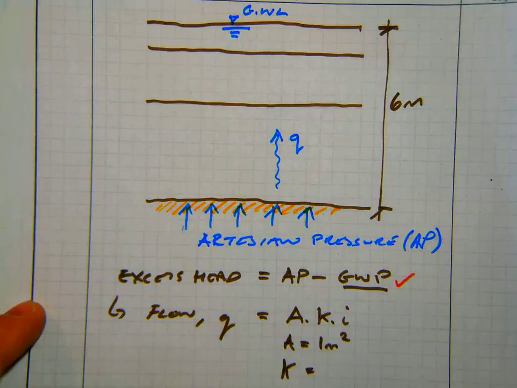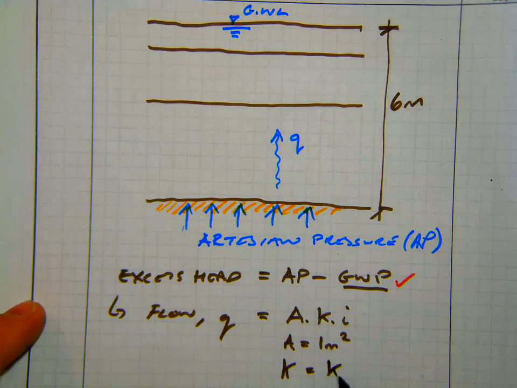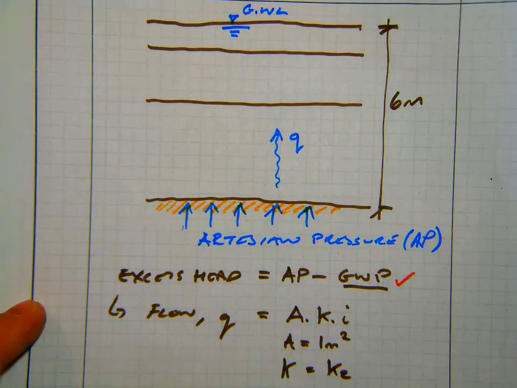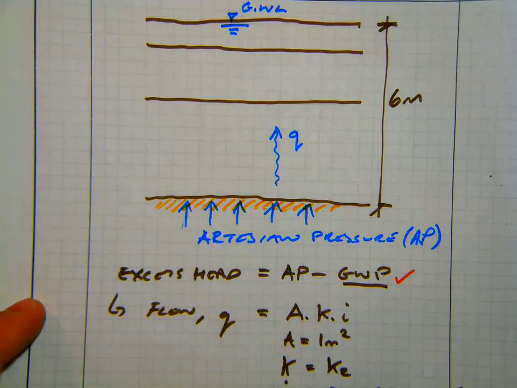So for the whole strata, we've got KZ from the previous question. And the hydraulic gradient is whatever is the head difference. KZ for the flow across the whole thing will be KZ, and the hydraulic gradient would be the excess pressure, all divided by the flow path length, which is that 6 meters.